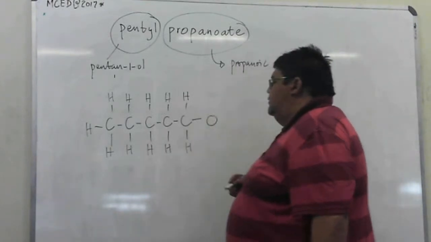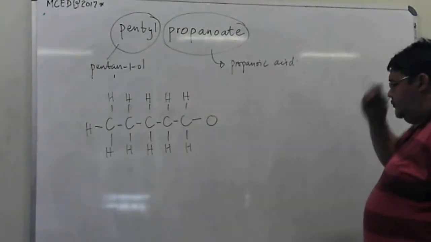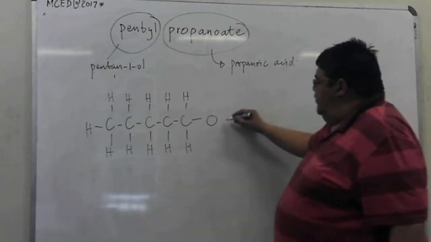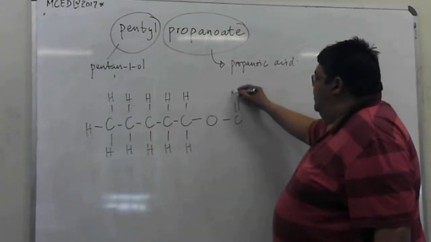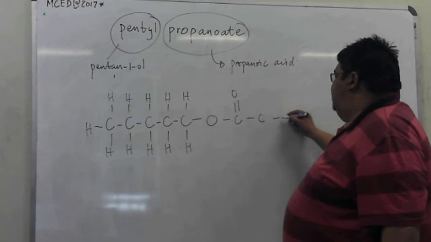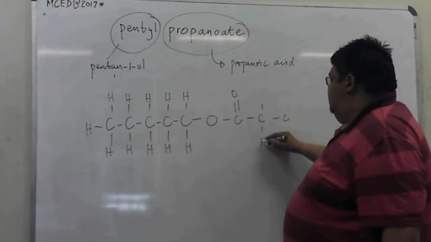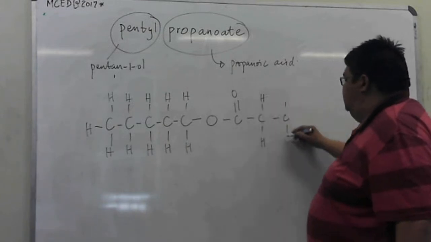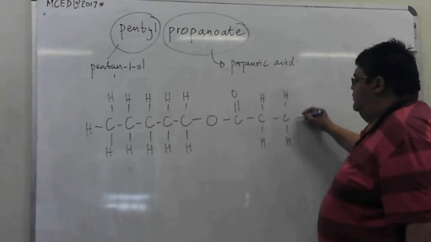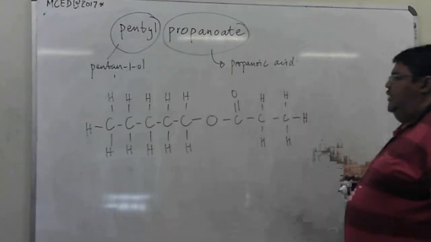Oxygen bridge, and then from the propanoic acid we've got our carbonyl group, and there must be 3 carbons. And there we have it.